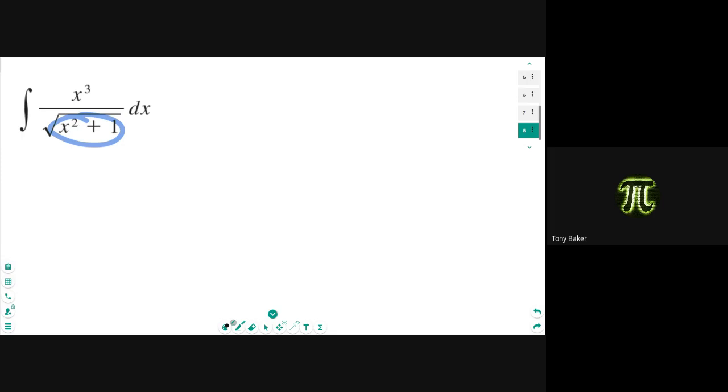Well, simplify it first. Get it as simplified as you can. You're not going to do the integral yet, but get it as simplified as you can.